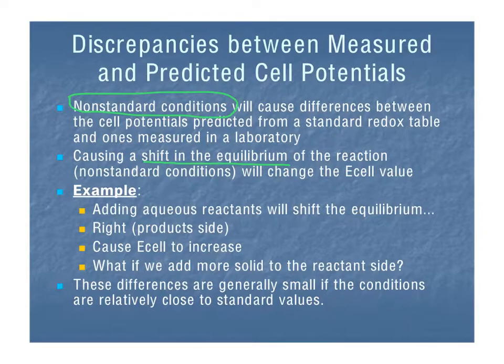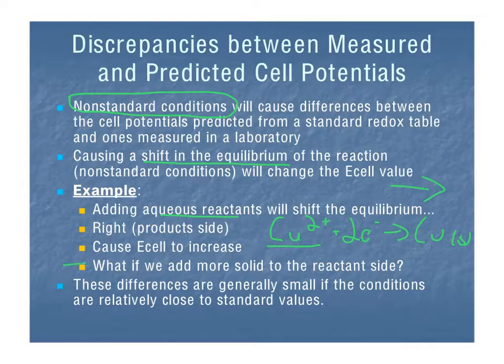For example, if we're to look at the reduction of copper ion into copper solid, if we're to add more aqueous reactants, or in this case copper ions, we would shift the reaction towards the products, causing the cell potential to increase.